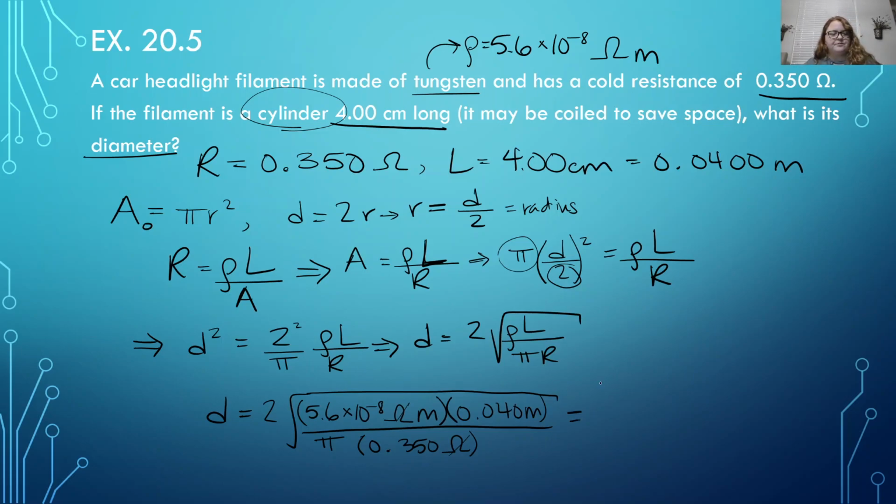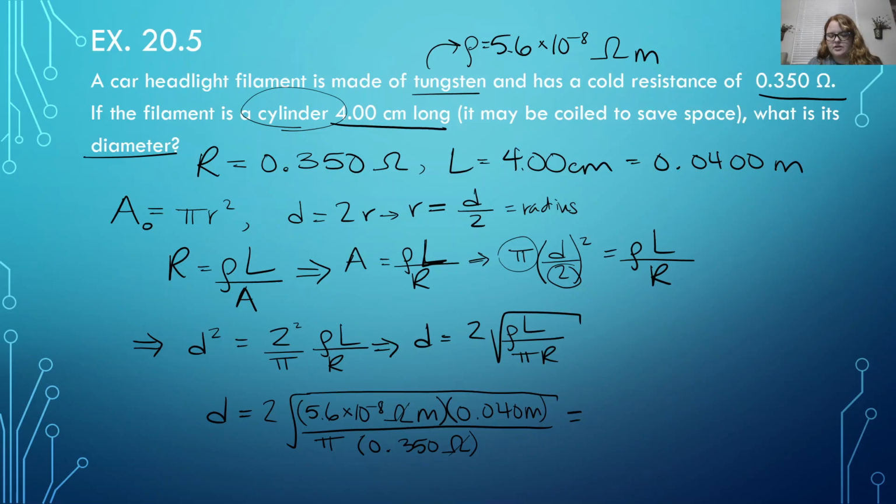So let me get my calculator out and start plugging this in. So 5.6 times 10 to the negative 8th times 0.04, divided by pi times 0.35.